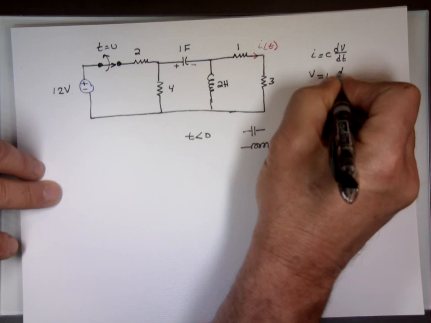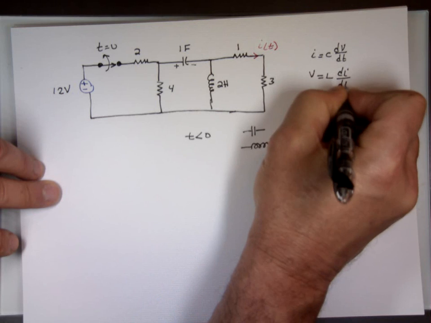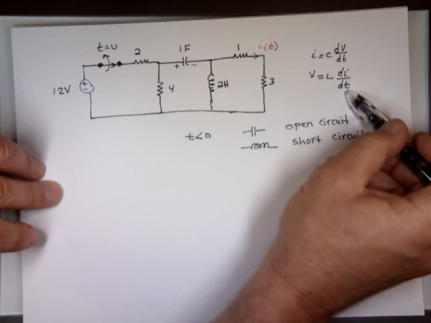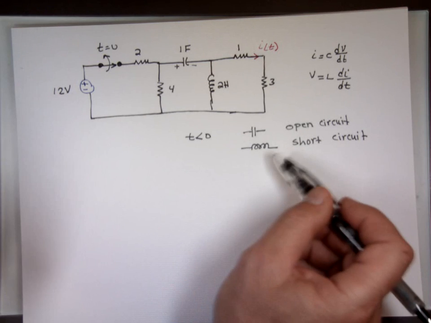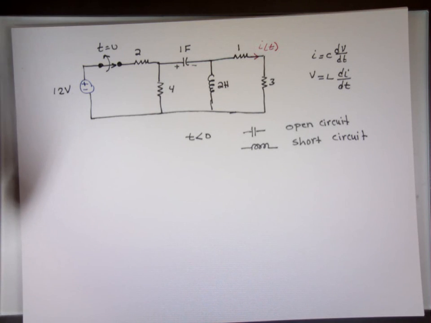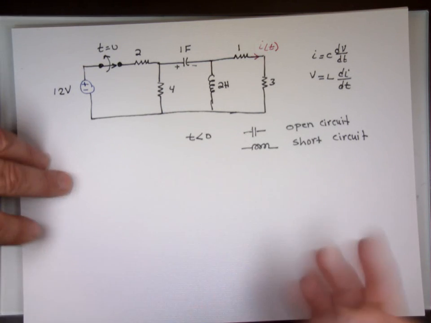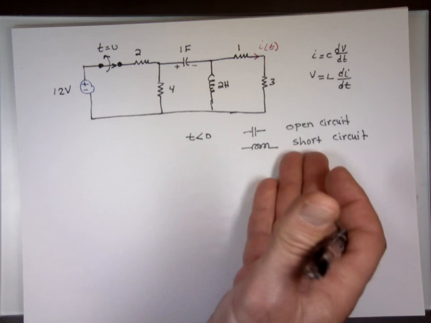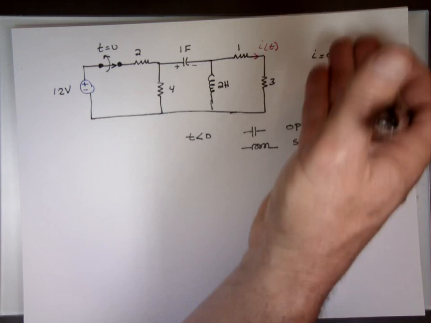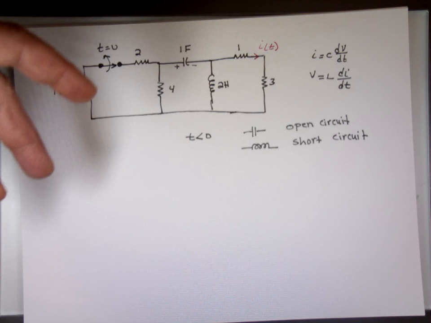L di/dt. If there is no change in the current, the voltage has to be 0. For the voltage to be 0, it has to be a short circuit. So that's the reason why the capacitor reacts as an open circuit and the inductor reacts as a short circuit. The derivative of any constant is always 0.